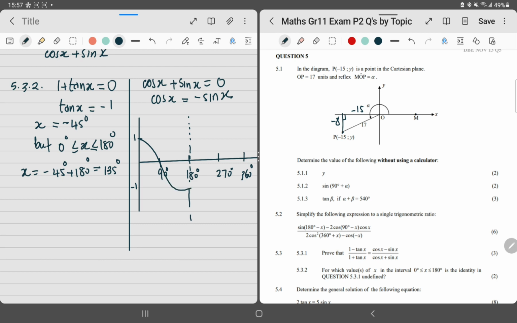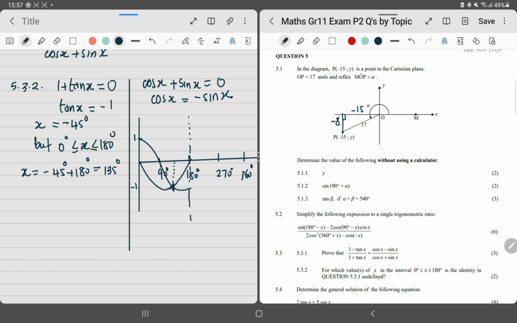That is the graph of cos. Then the graph of negative sine starts at 0 and then goes down. So it will look like that. As you can see, these two meet somewhere around there.